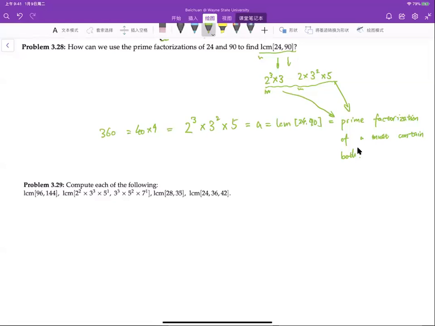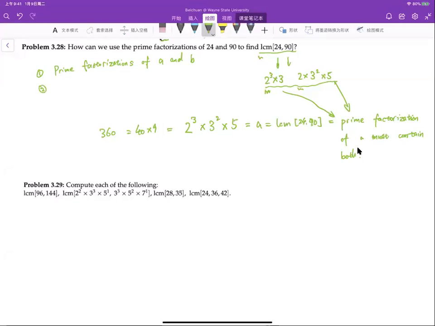All right, very good. So basically this is the process to find the least common multiple of two numbers, right? The first step is to consider the prime factorizations of the two numbers. And then the second step, just like what Genova did, we need to compare the two prime factorizations.